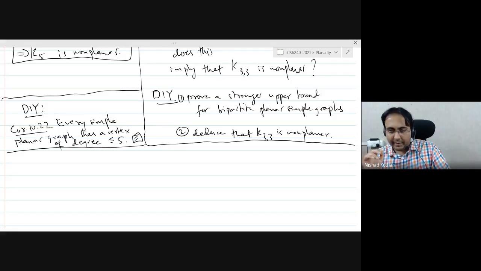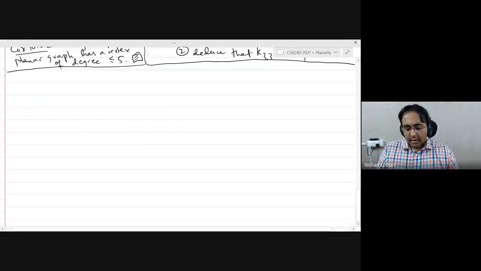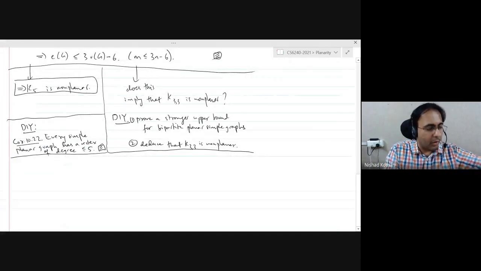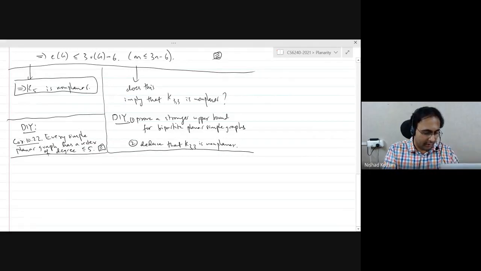We will define that in the next module. But if you have already seen colorings, then this corollary immediately implies what is called the 6-color theorem. Okay, good. So that is all I want to tell you about Euler's formula and its implications.